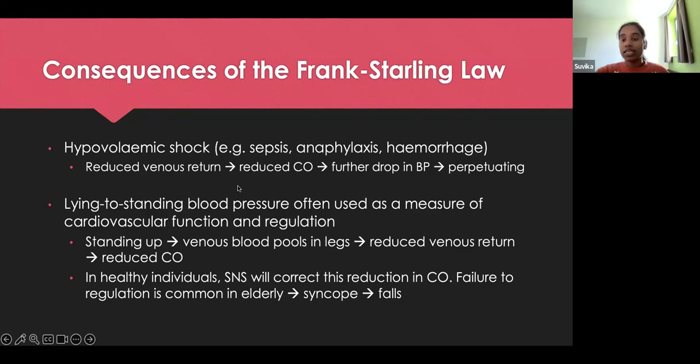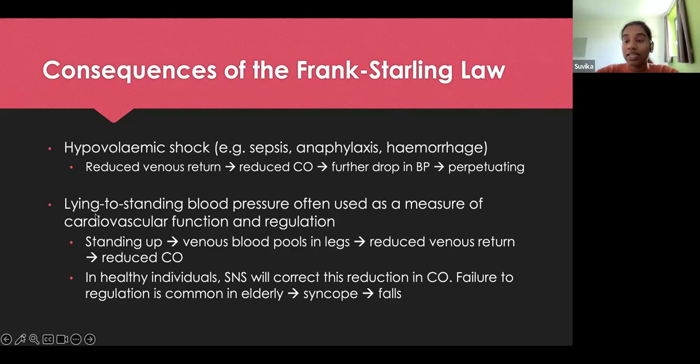So now you're returning less blood to the heart, so reduced venous return, hence reduced cardiac output. This means if you have a reduced cardiac output, you're going to have less blood going into the circulation again. So that's going to drop your blood pressure even more. So it's now becoming a vicious cycle. And this is all due to Frank-Starling law. So independently of neural and hormonal input, this could be perpetuating whatever was causing the hypovolemic shock.